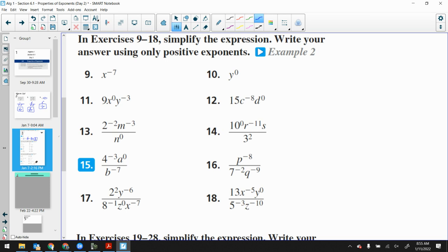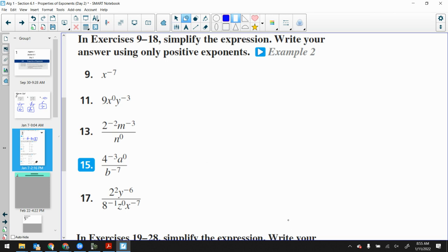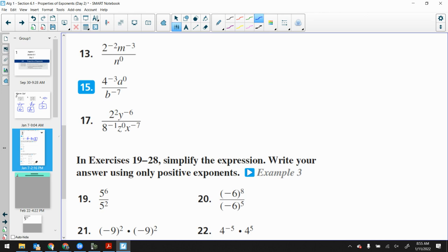9 to 17. Number 17. Okay, is 2 happy? Yes. 6 and 8. Is Y happy? No. Is 8 happy?